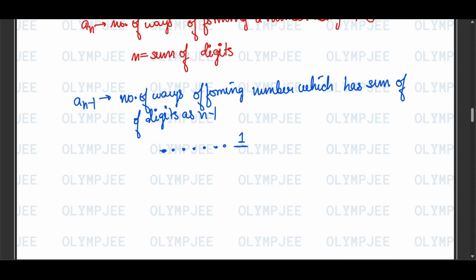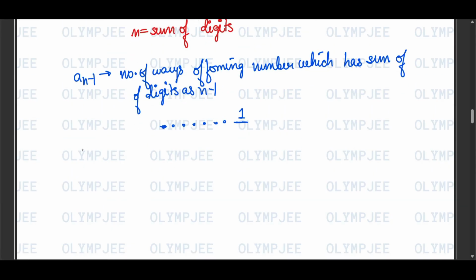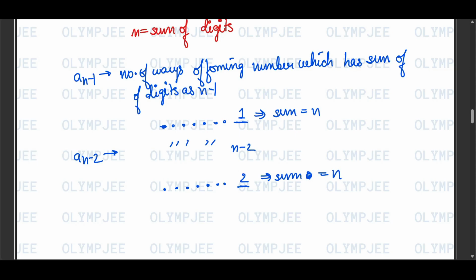So if we consider an minus 2, it will be the number of ways of forming a number which has sum of digits as n minus 2, and if the last digit is 2, then sum will become n, right?